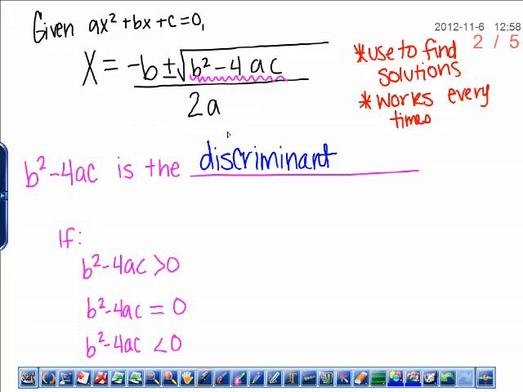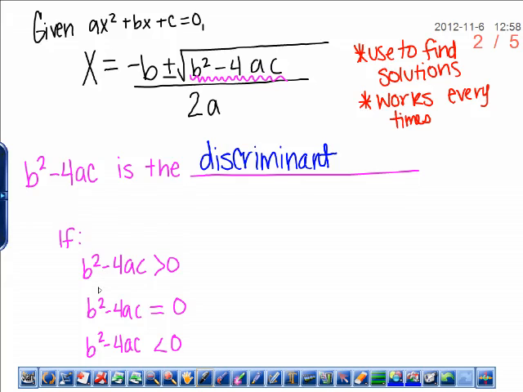And the discriminant is really, really useful in telling us what kind of solutions and how many there are. Okay? Because it's what we take the square root of. And whether we take the square root of a positive or a negative helps determine if we're going to have real or complex solutions.